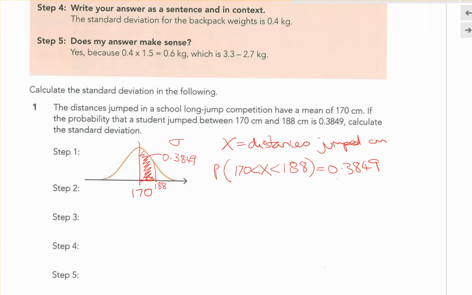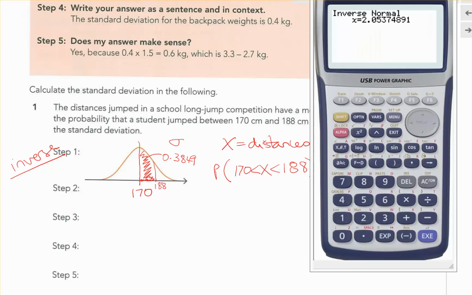Right, so because I'm given the answer, given the area, I understand that this problem is an inverse one requiring me to go backwards. So if we try to use our calculator, there's an issue with this one, because when I'm asked for a right tail, a left tail or a centre, you'll notice that I haven't got either in this case.